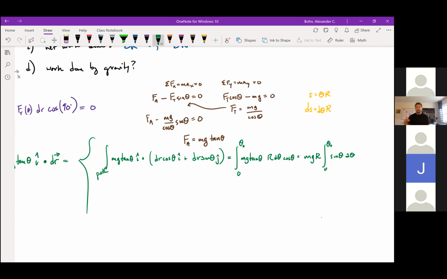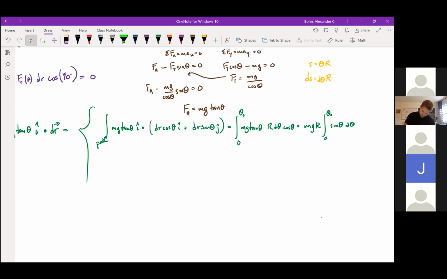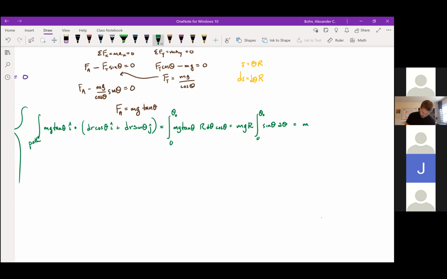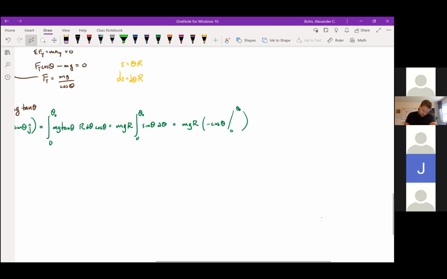Integral of sine is negative cosine. Negative cosine of theta 0 minus what we get when we plug in the other bound. Minus the minus gets us a plus.